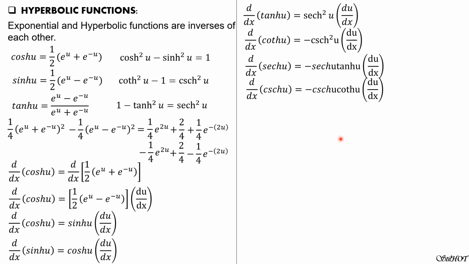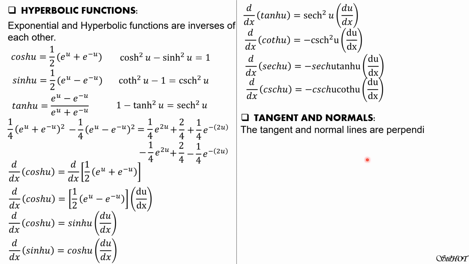So that's the technique. The next topic is tangents and normals. The tangent and normal lines are perpendicular to each other at the point of tangency. The slope of the tangent, denoted by m, is dy dx.